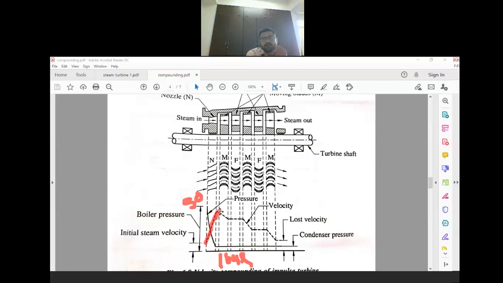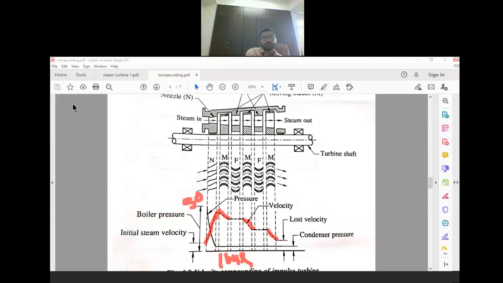Now you are utilizing that velocity in three steps: step 1, step 2, step 3. That's why it is known as velocity compounding. Clear? In pressure compounding you reduce the pressure step by step; here in velocity compounding you reduce the velocity step by step.